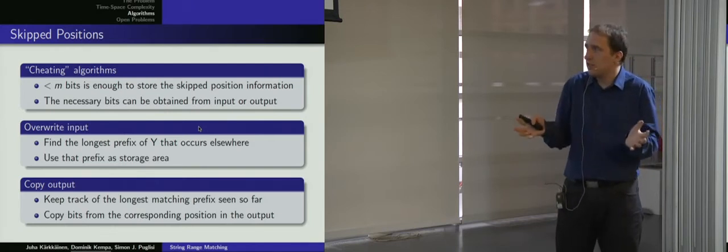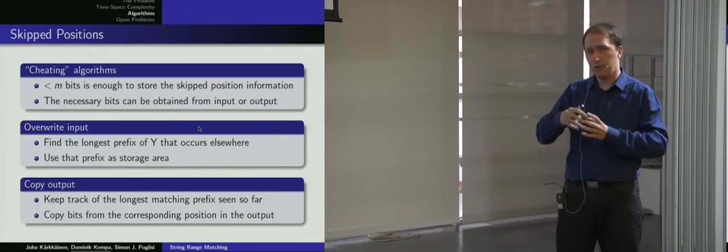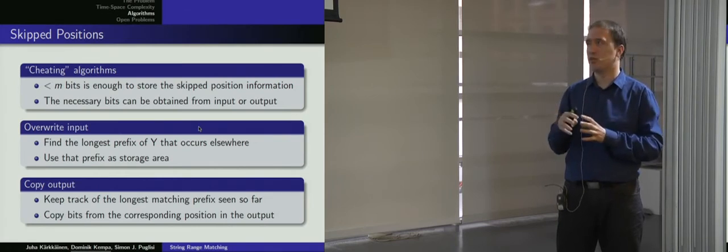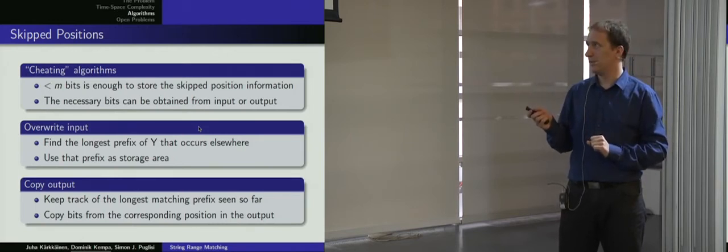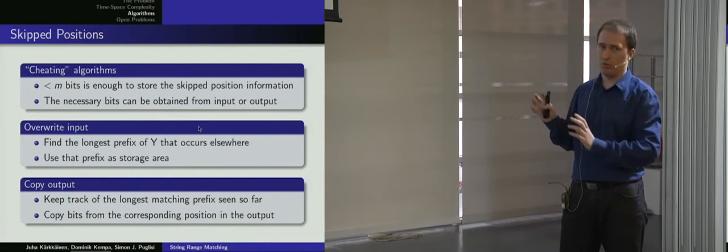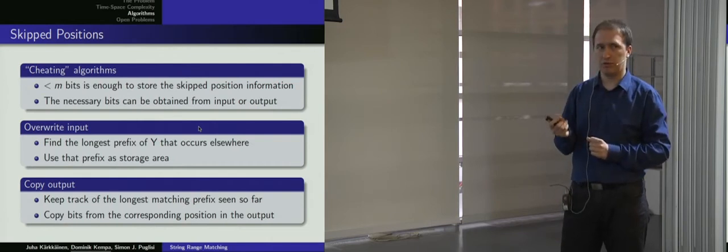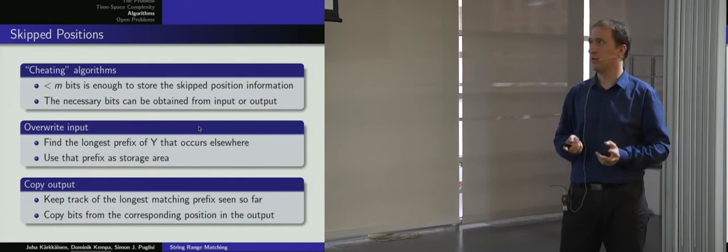In some sense, this is our memory right now: we fill the output with information in time. This only works for the reporting version, because in the counting version of the problem, where we just count the number of suffixes, there's not enough useful output we could use.